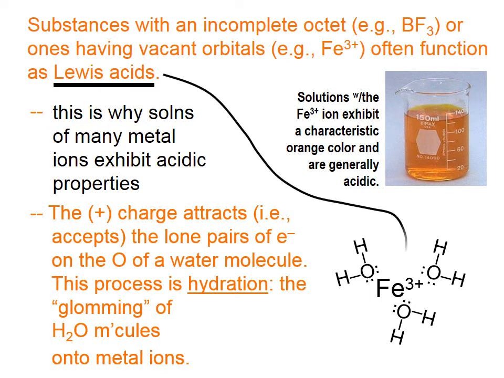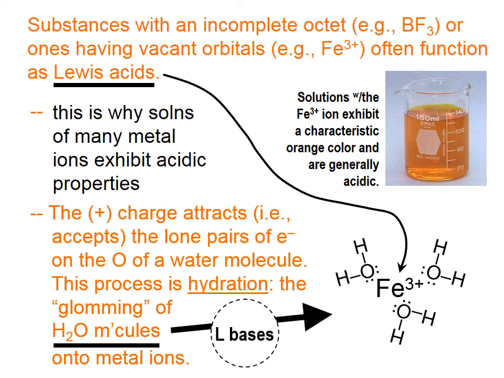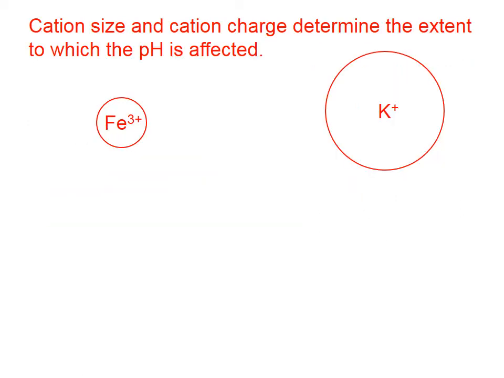That iron 3 ion is acting as a Lewis acid, and the water molecules are acting as Lewis bases, providing electron pairs. Cation size and cation charge determine the extent to which pH is affected.